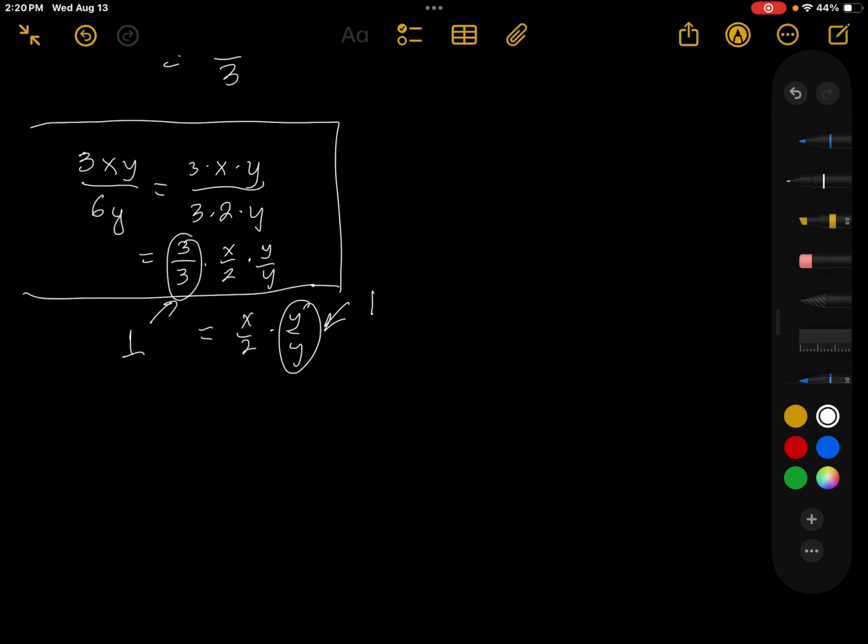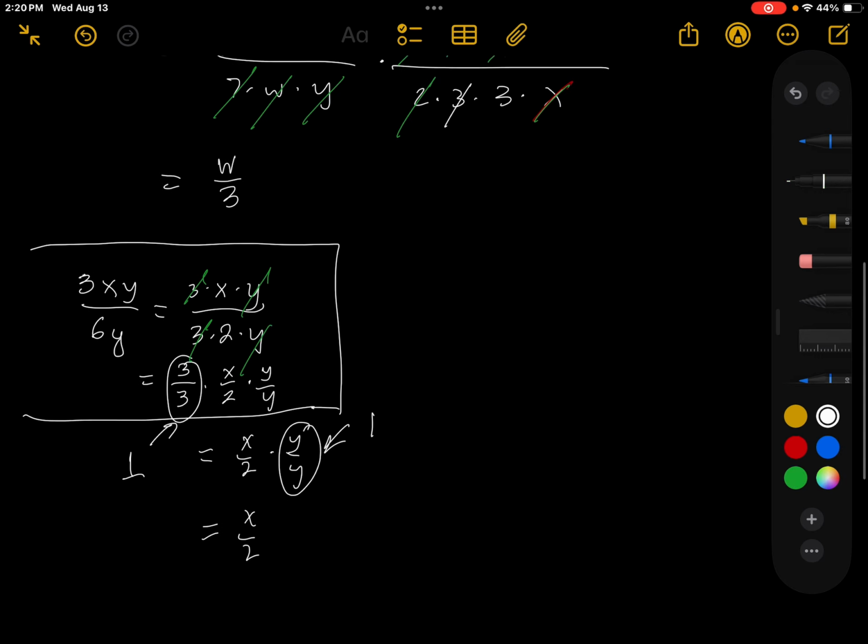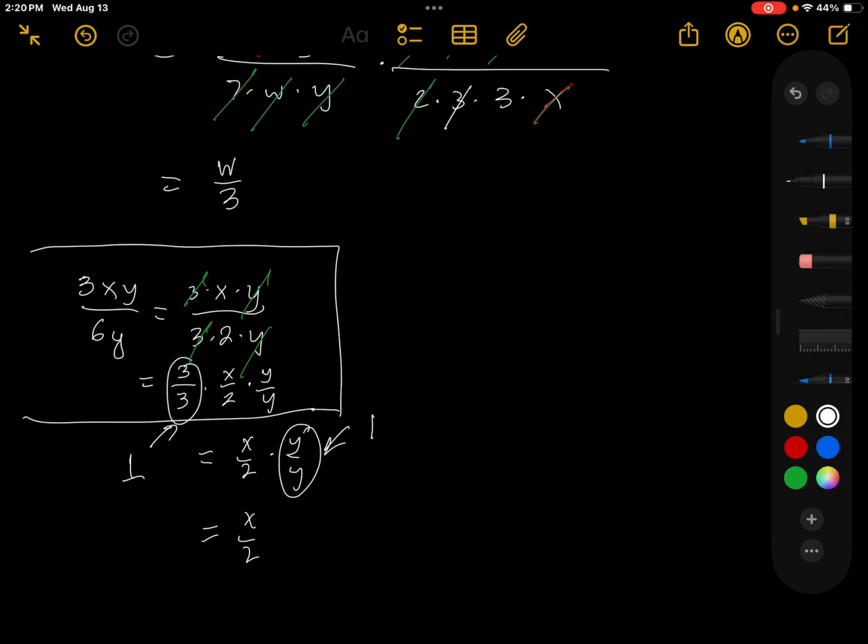And since y divided by y is equal to 1, x over 2 times y over y is the same as x over 2 times 1, that's x over 2. So that explains the canceling with the 3's and the y's. I get x over 2. It's very important to understand that.